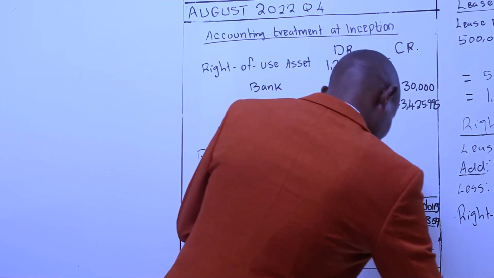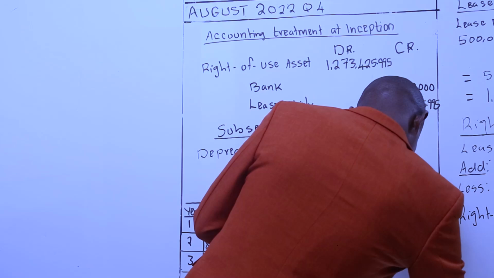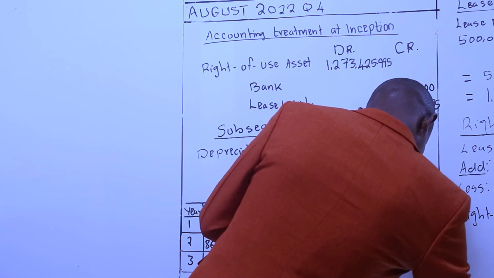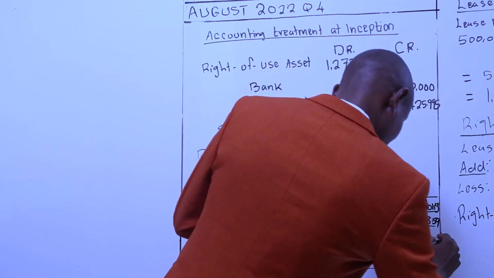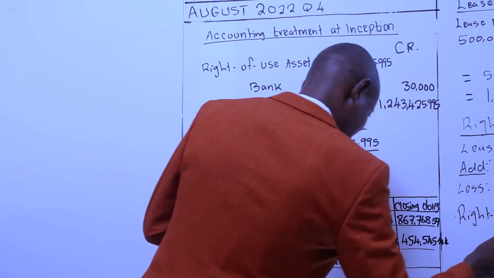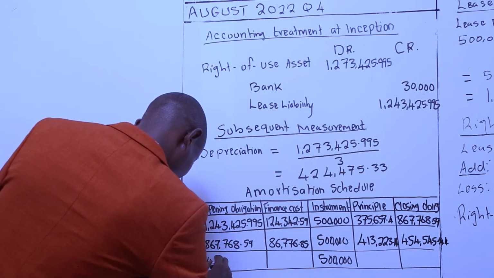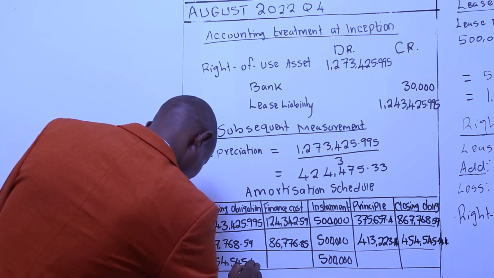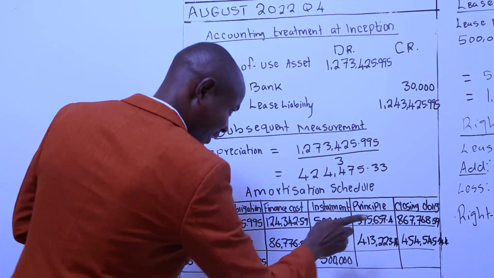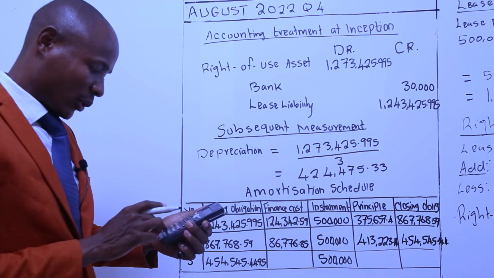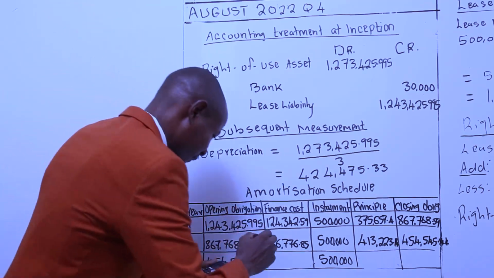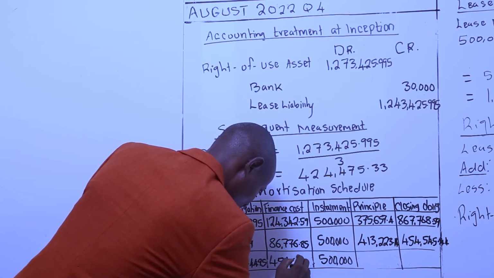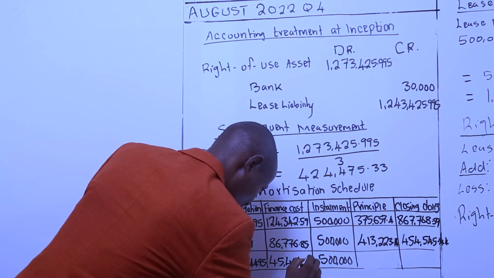You get 454,545.44. Then 454,545.44 times 0.1, we get 45,454.54.